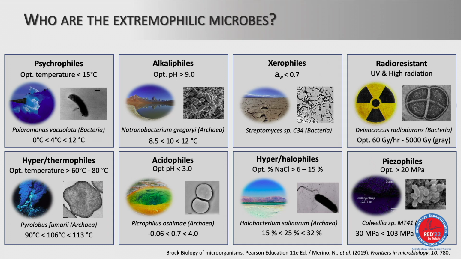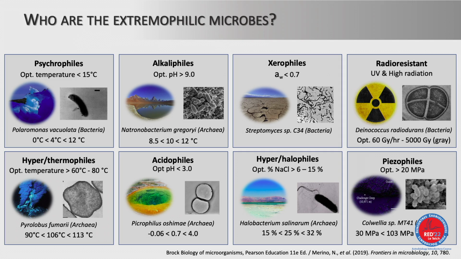And you also have piezophiles, the ones that live under high pressure conditions, above 20 MPa, which is 200 times the atmospheric pressure. Here is an example with Colwellia. This bacterium was isolated from the deepest point on Earth in the Mariana Trench, the Challenger Deep, at 11,000 meter depths. And you can see that it can grow at more than 1,000 times the atmospheric pressure.